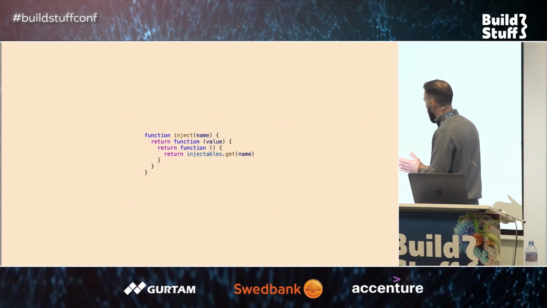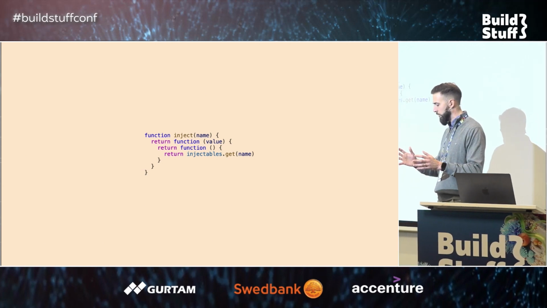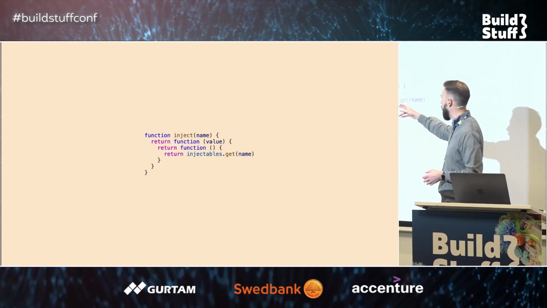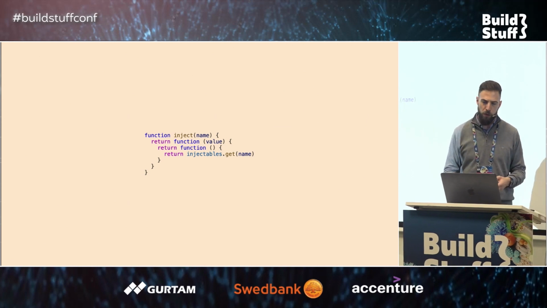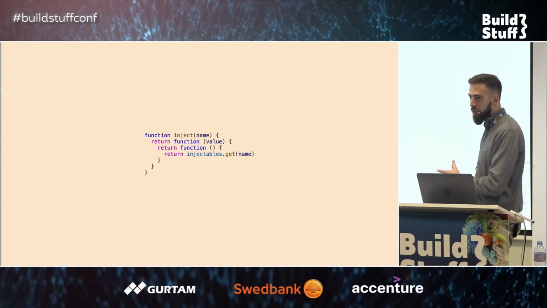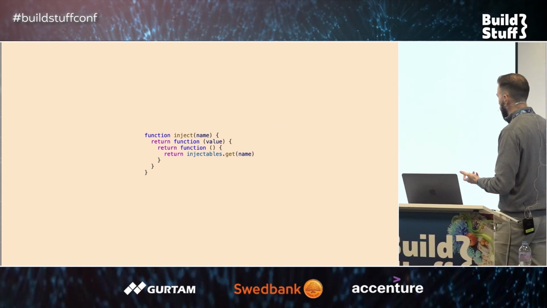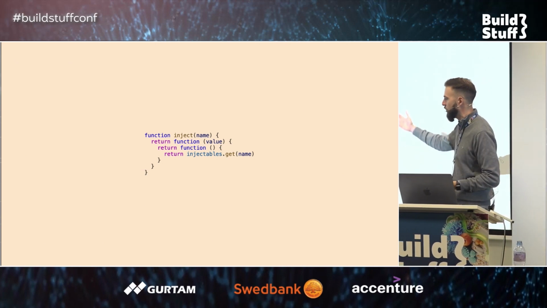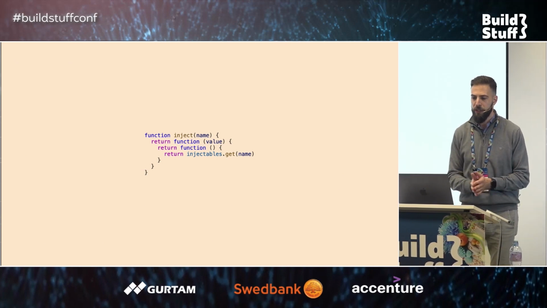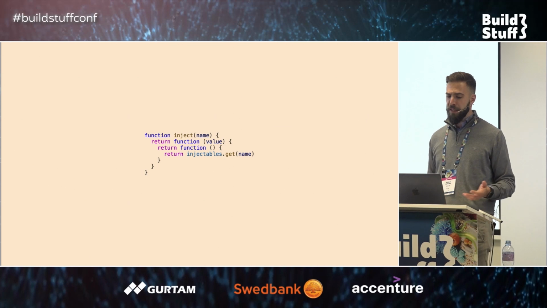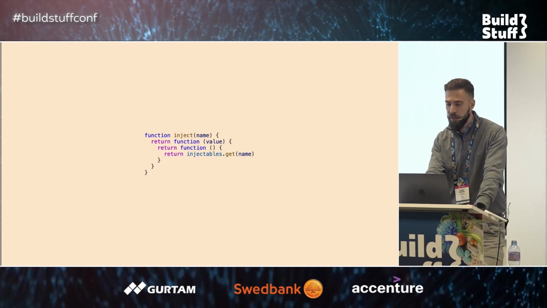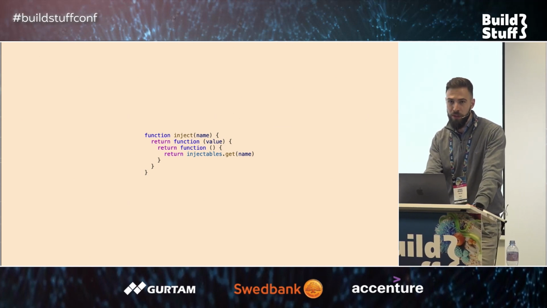So what we have to do to replace the value, we have to return a new function that is being called, which then returns our class instance, like from this injectables map that we created before. And that's it. That's how dependency injection can be implemented using decorators. Quite simple.